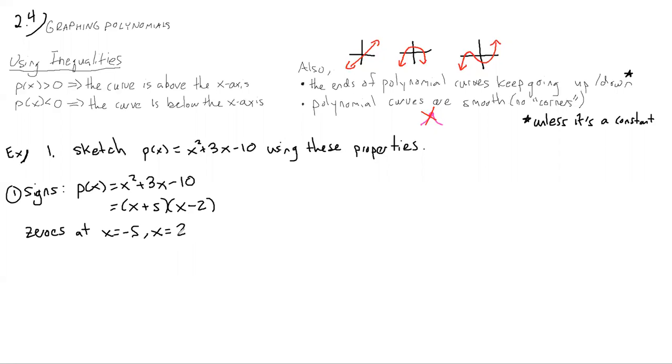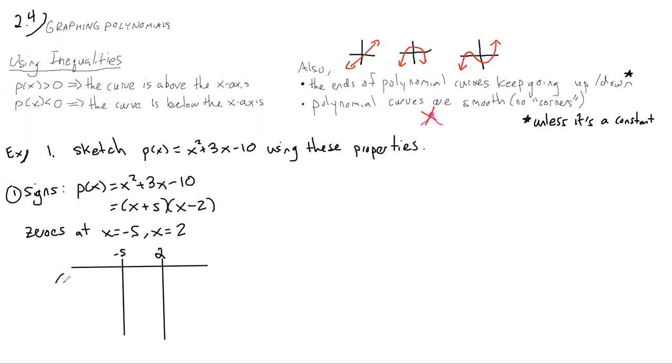And so what I'm going to do is put this in the same sign table that I had done in the previous chapter. Let's do this. Remember, those two numbers are going to be the headers for my column divisions, negative 5 and 2.